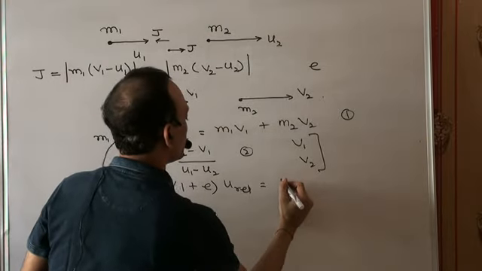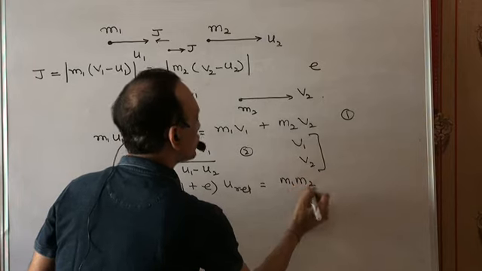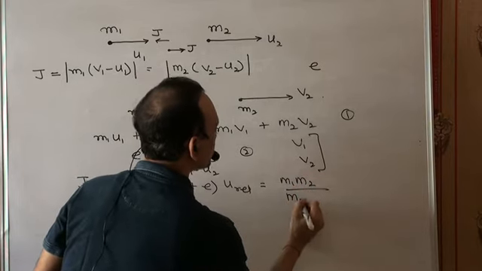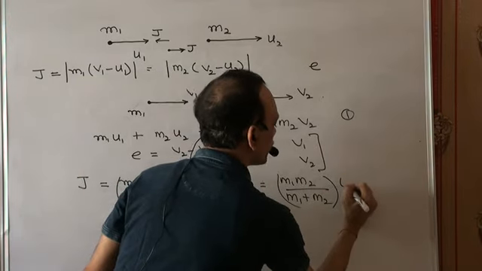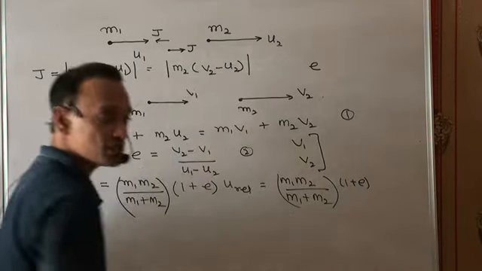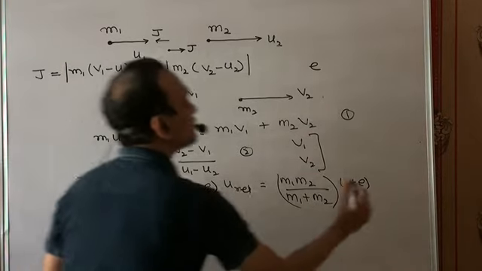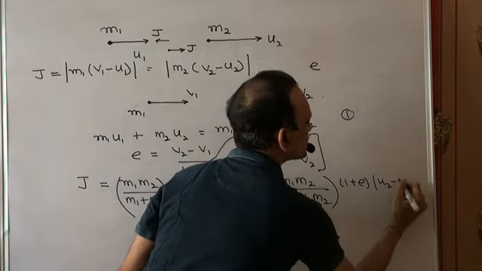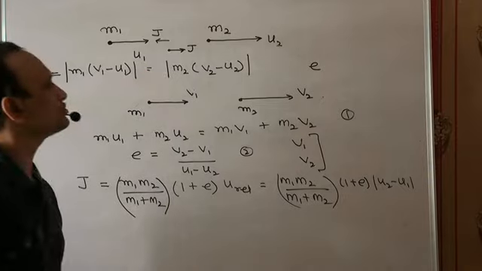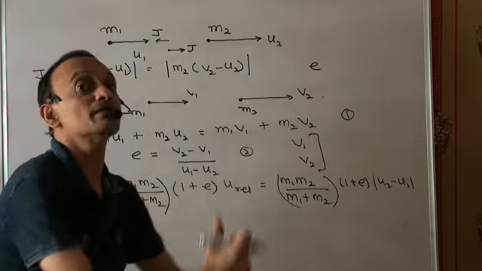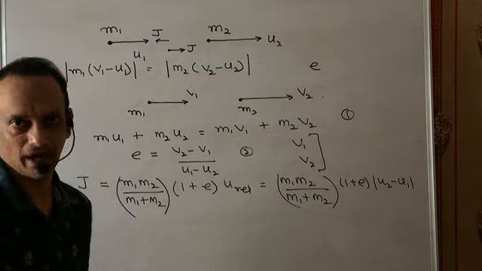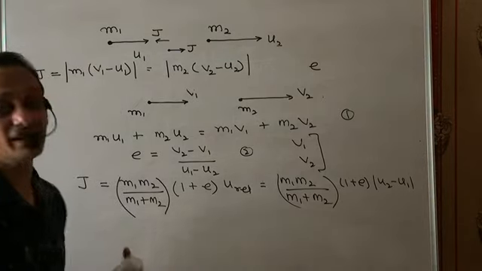We can very easily obtain this result: m1 m2 by m1 plus m2 into 1 plus e, where e is the coefficient of restitution between the colliding units, and the magnitude of u2 minus u1 is the initial relative velocity between the two colliding units. That will give me the magnitude of the impulse.